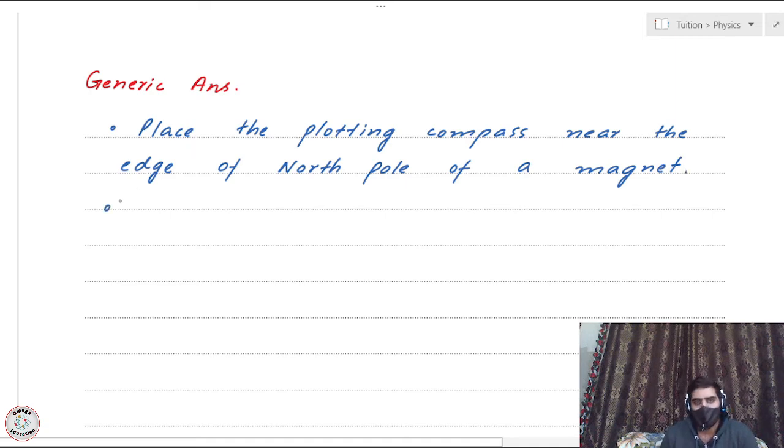Secondly, mark a dot, mark a point in the direction of the needle.